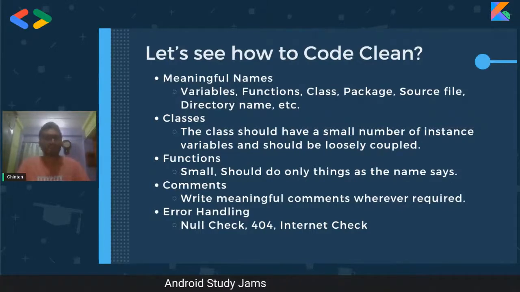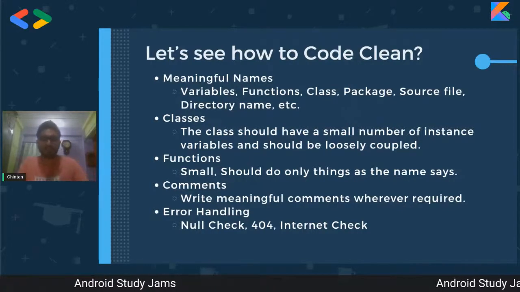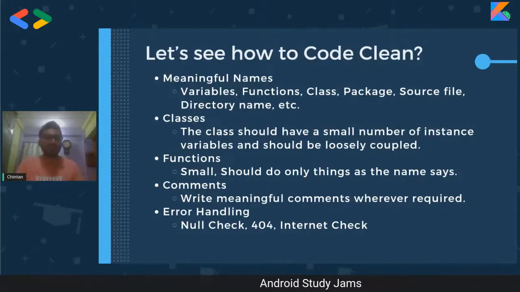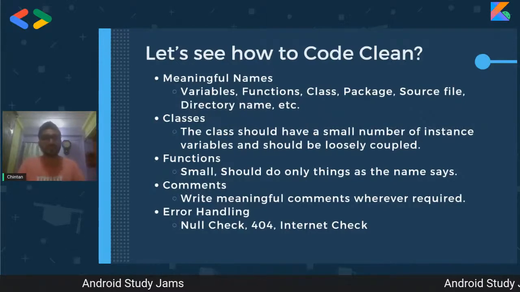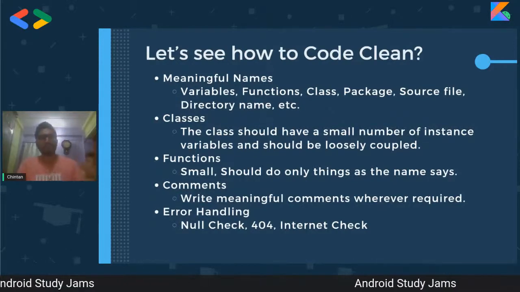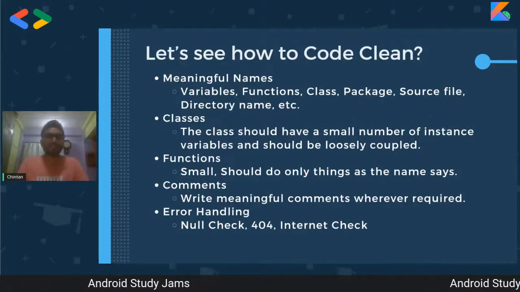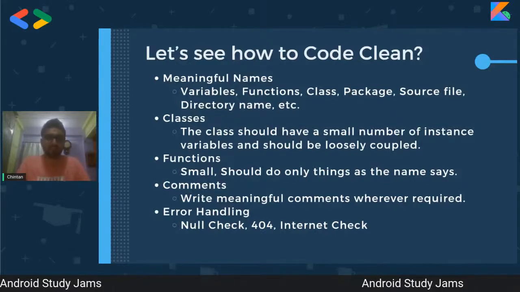If your function is calculating the sum of two variables, and it is named get sum of two variables, then there is no need to write a comment saying that this function will give you a sum of a and b. The function was self explanatory.